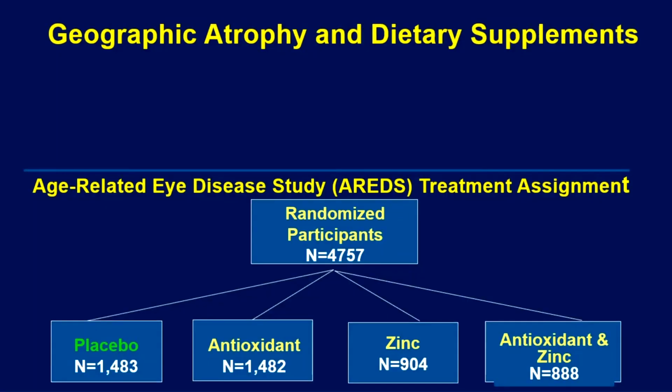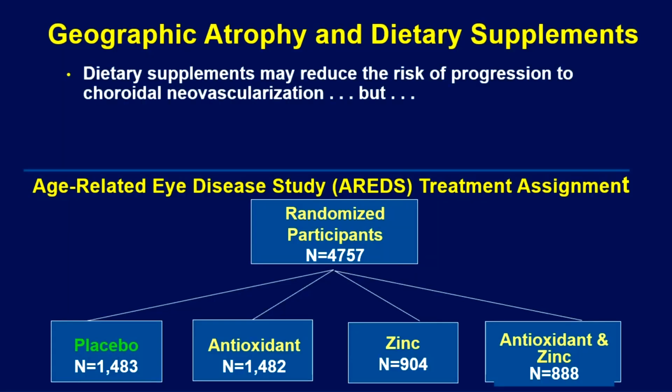We first considered dietary supplements, such as those used in the age-related eye disease study, or AREDS, based on the original AREDS randomized clinical trial, where participants either received placebo, antioxidants, zinc, or a combination of antioxidants and zinc.